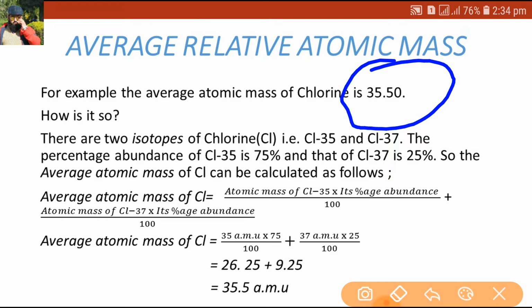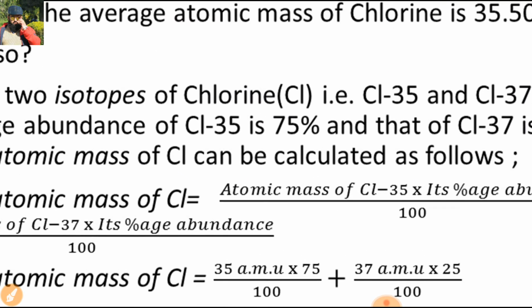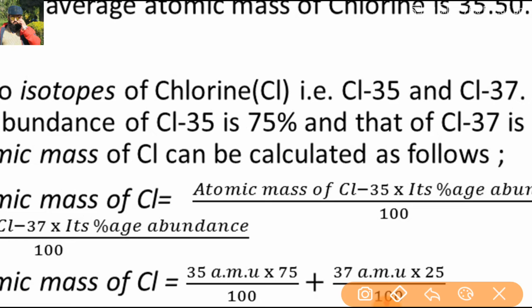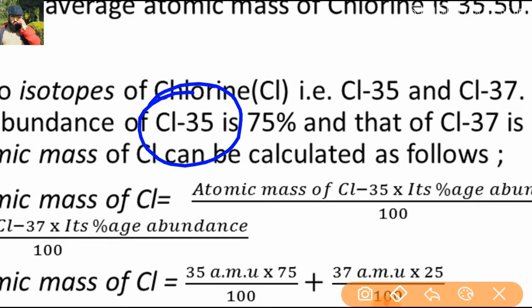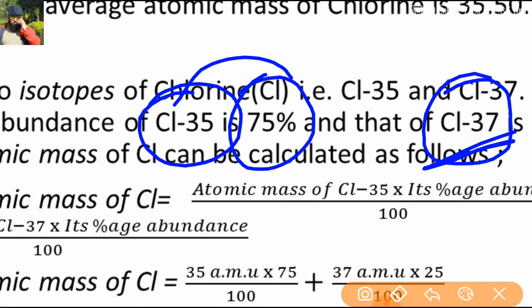It has two isotopes: chlorine 35, with atomic mass or mass number 35, and similarly chlorine 37, with atomic mass or mass number of 37. In natural abundance, 75% is chlorine 35, whereas 25% of naturally occurring chlorine is chlorine 37.